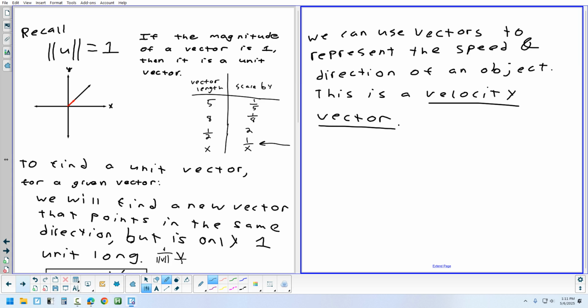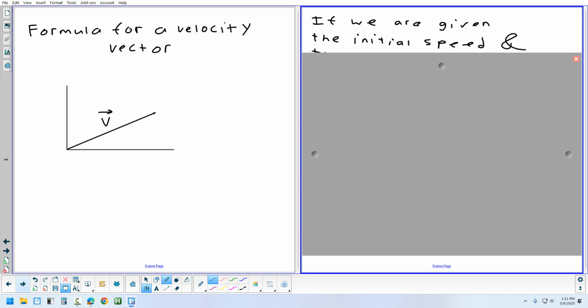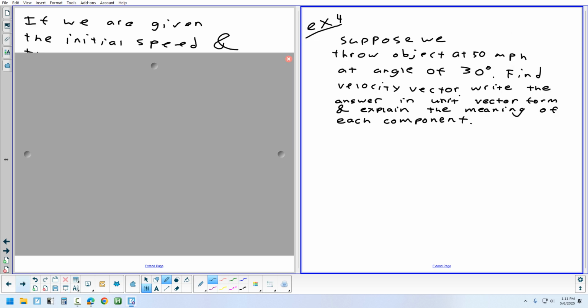When you have an object being thrown, I will describe 2 things to you. First thing I'll tell you is the angle that the object is thrown at. That angle is the angle to the ground. So if you threw something at a 90-degree angle, that'd be straight up. A 0-degree angle would be perfectly horizontal.